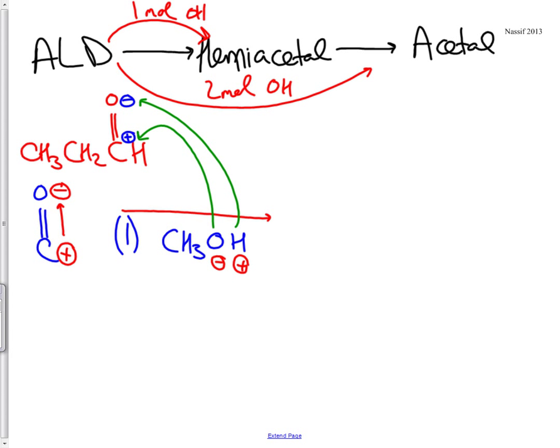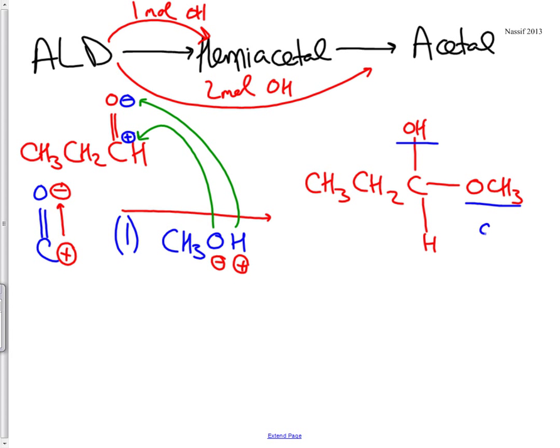So our final product will look like this. So what can we see here? We have an OH group and an OR group. When you have one of each, it's called the hemiacetal.